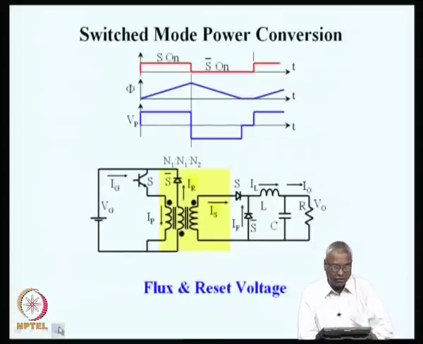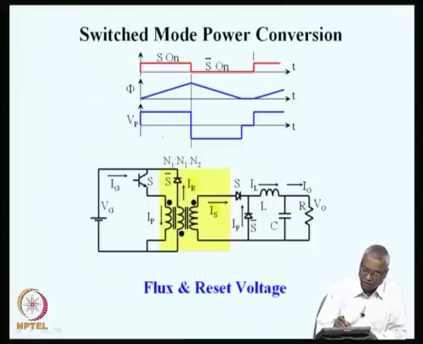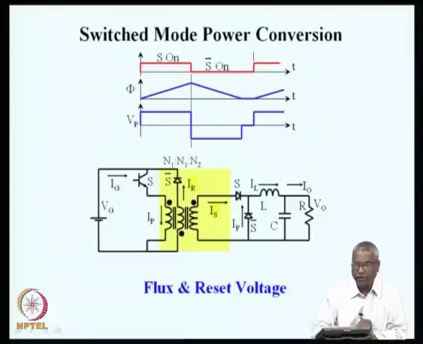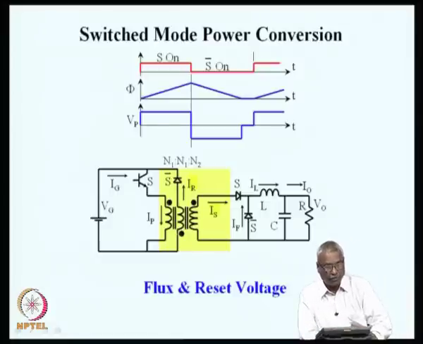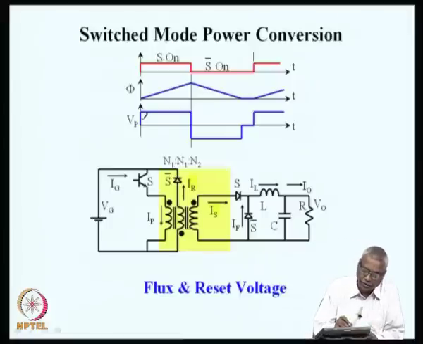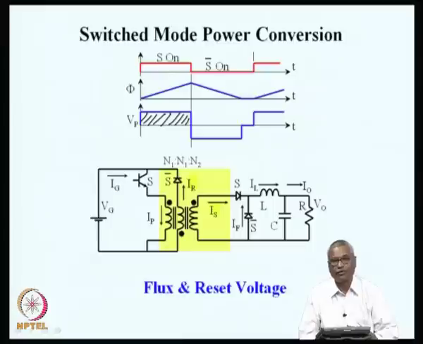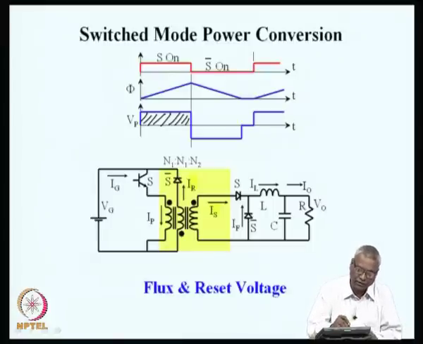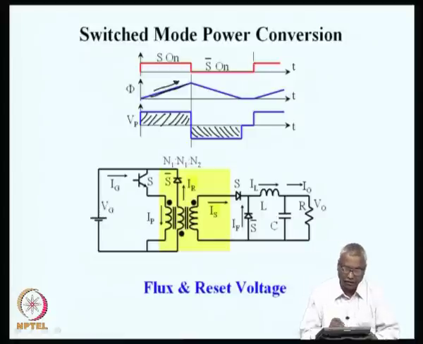The flux reset voltage in this is because of the reverse connection of Vg to this winding for the appropriate dot positions here. You can see during the positive half, plus voltage is applied to the winding and flux is increasing in the positive direction, and then during the negative half, during the reset interval, the voltage across the winding is negative, and so flux starts decreasing.